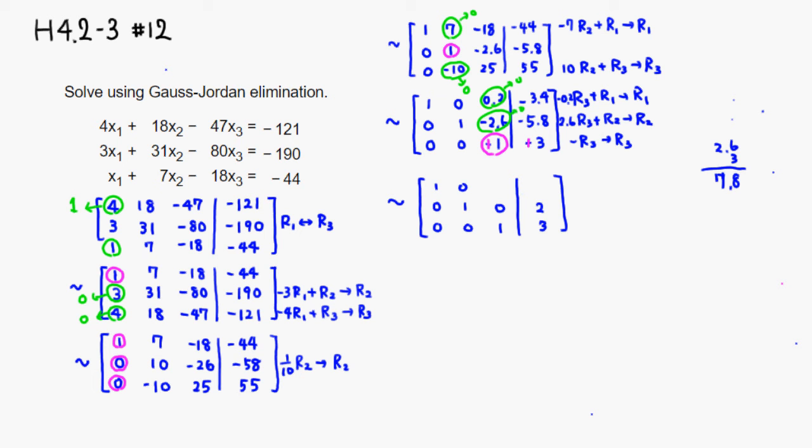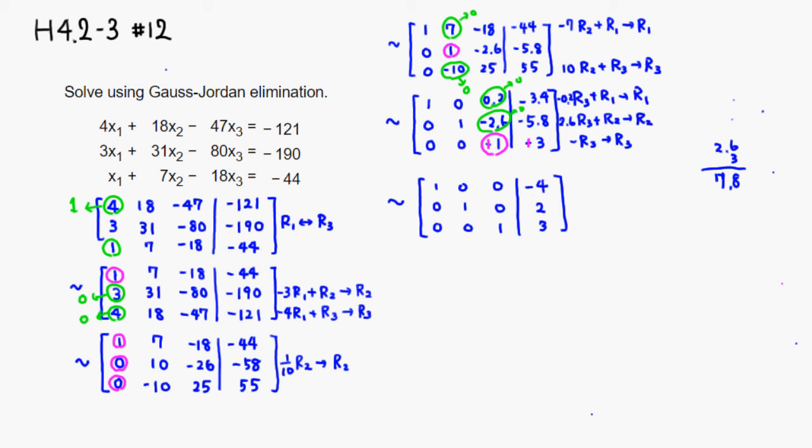Then the last one, we want to multiply 1 by negative 0.2, add it to 0.2, that's going to be 0, which is what we wanted. We multiply 3 by negative 0.2, so it's going to be negative 0.6. Added to negative 3.4 would be negative 4.